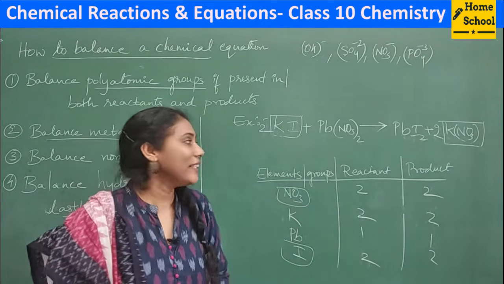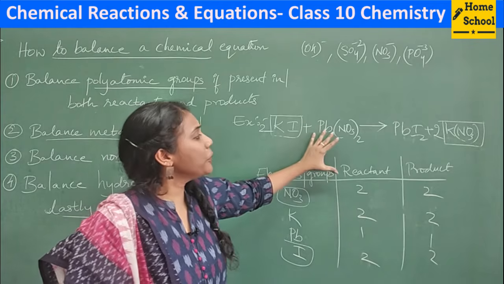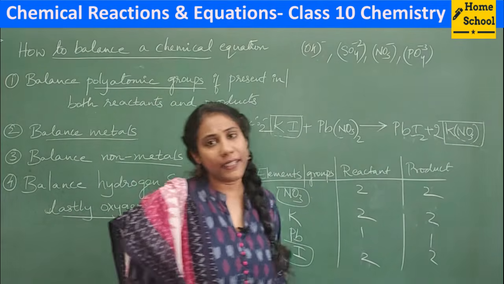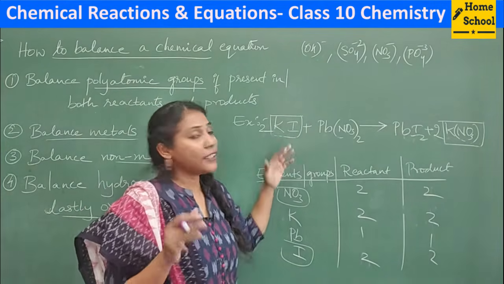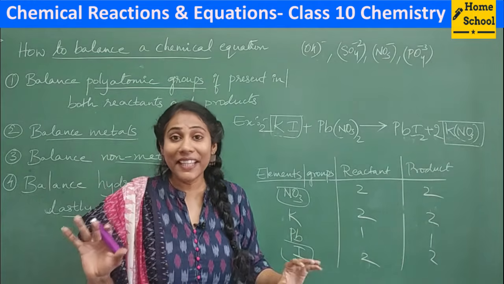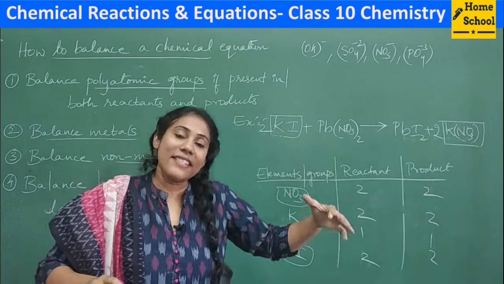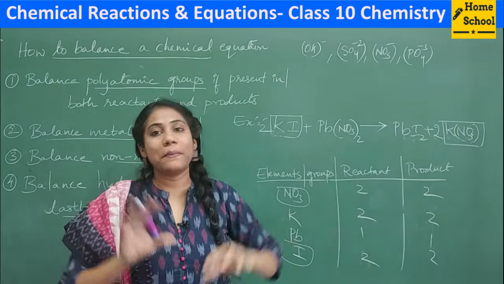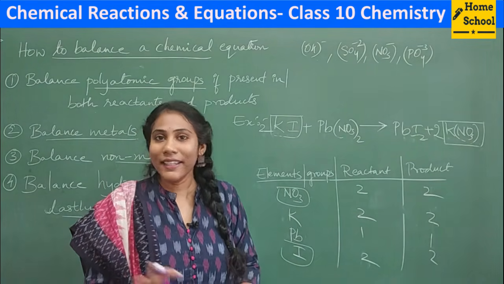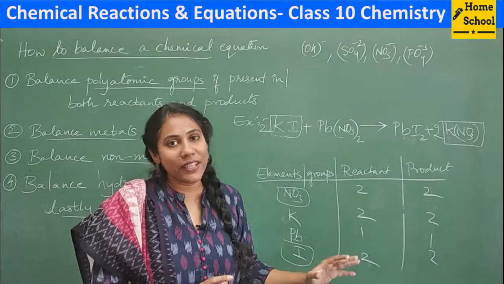Okay, fine. And if the polyatomic groups are not present in the product side, if they are present only in the reactant side, then you should not consider them as a group. You should consider them as separate atoms and balance. Okay, clear? Anyway, I'll show a few examples.